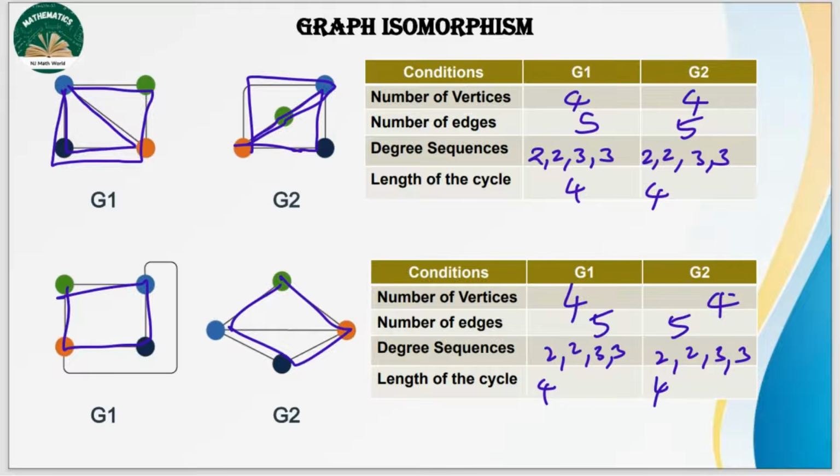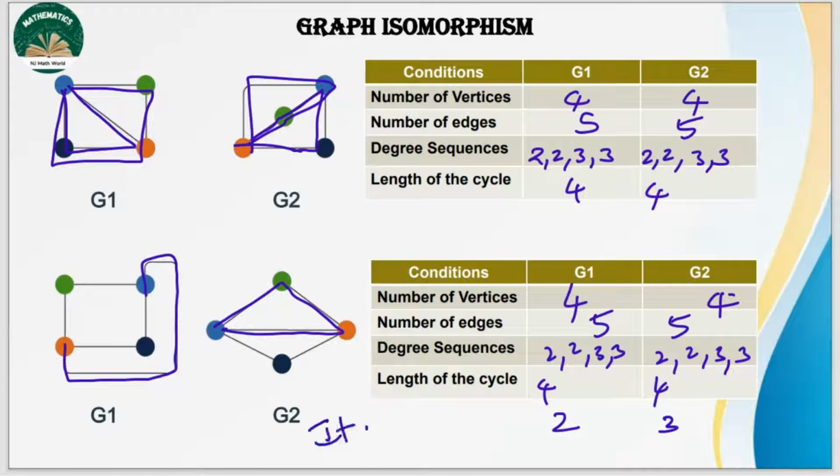For the second one, I take 1 and 2, the other cycle. I can take this as 1, 2, 3. But here it is 2 and here it is 3, so the cycle is not the same. Therefore it is not isomorphic. If any one of the conditions does not satisfy, it is not isomorphic.